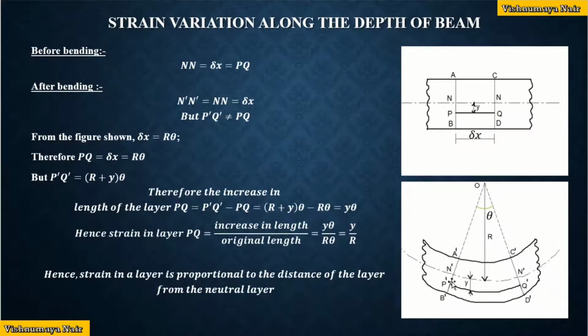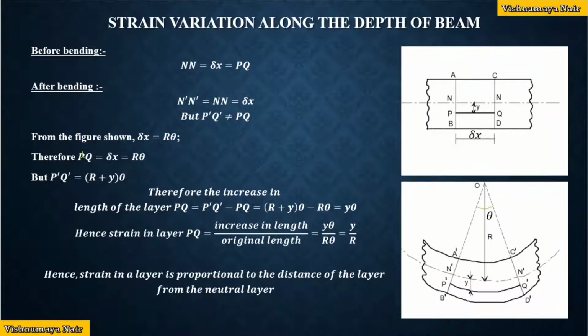Now from this figure we can get the length of the arc N prime N prime, right? So length of N prime N prime will be equal to R into theta. But N prime N prime is also equal to NN, which is equal to delta X. So delta X is equal to R theta.